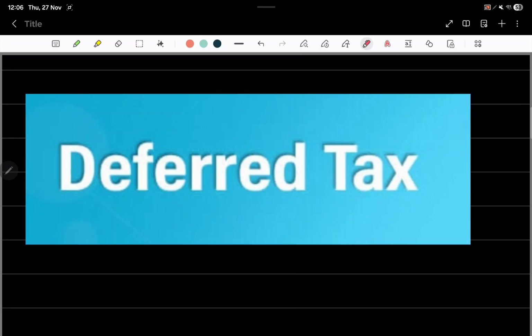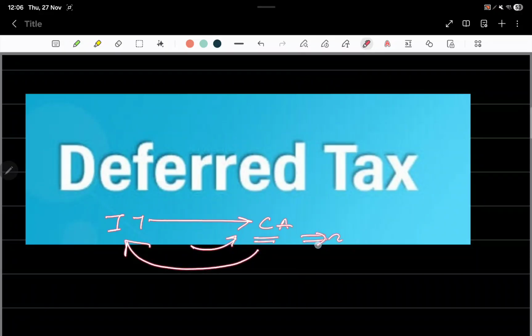But for this, we have to have some understanding about the Income Tax Act and the Companies Act, because of these two we get a difference which is known as timing difference. This timing difference results in the deferred tax, and it could be deferred tax liability or asset.